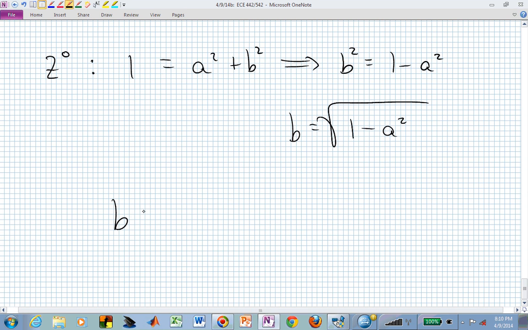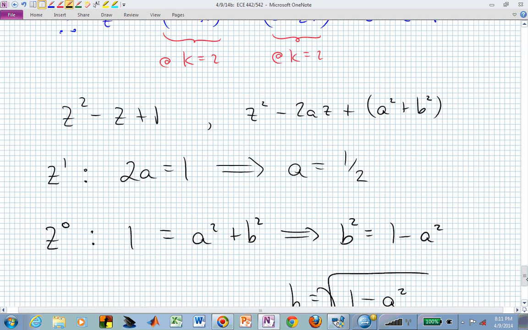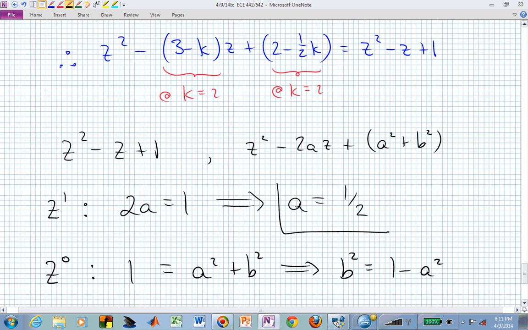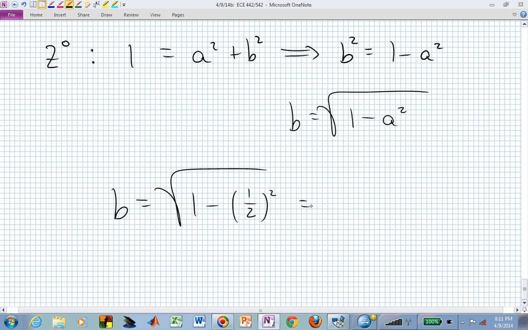But we know what a is. A was 1/2. That's the real part of z delta. We now know that this is 1 minus 1/4, I'm sorry, getting ahead of myself, which is now the square root of 3/4, or b is now the square root of 3 over 2.